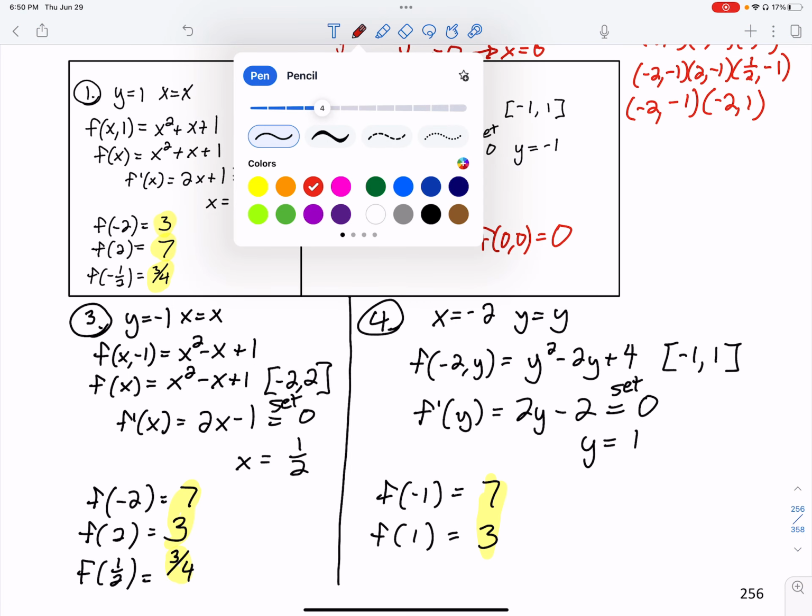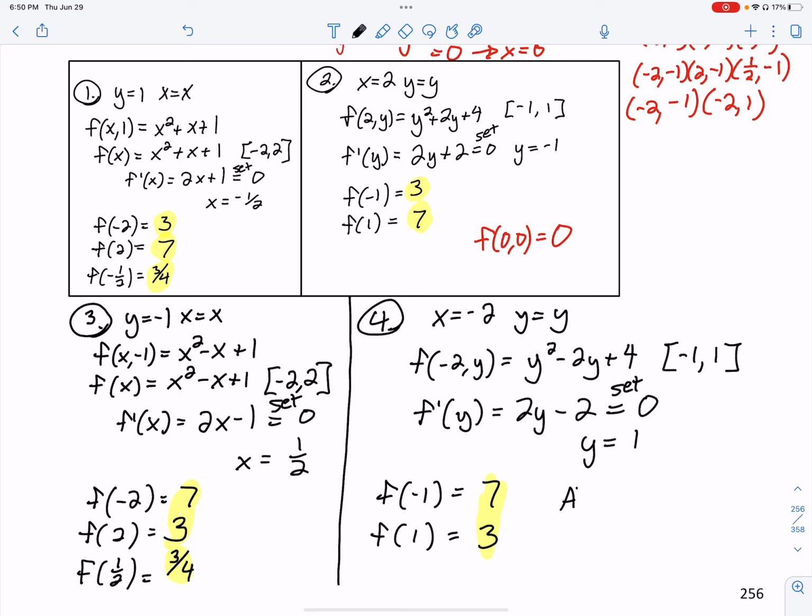So we can actually pick up a few things. We have the absolute max is anywhere we see a 7. Okay, so the 7s come from, so it's an absolute max of 7 at, okay, we got to write these down. Okay, so the 7 came from 2, 1. That's this one. The 7 here is 2, 1 again, so we're good there.